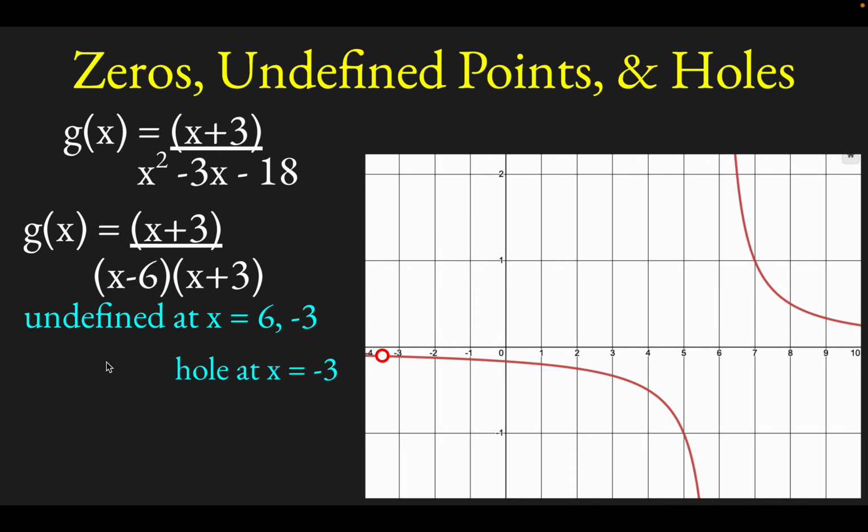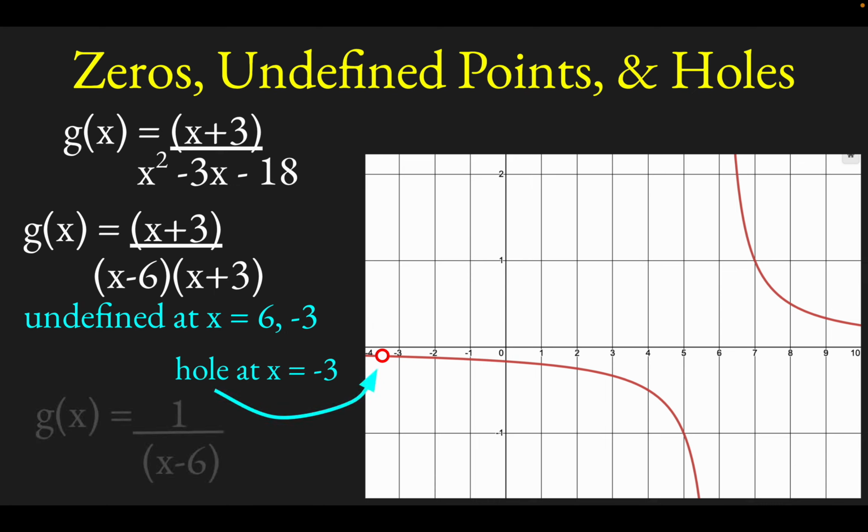So if you graph it, you see that indeed the function blows up at x equals 6. Coming from above, it would go to positive infinity. Coming from below, to negative infinity. So the function is not defined at x equals 6, which would make us divide by 0, but is also not defined at x equals negative 3. There's a hole here, again, because of this factor that appears in both the numerator and the denominator.